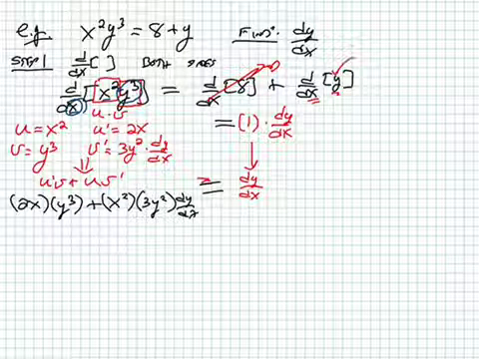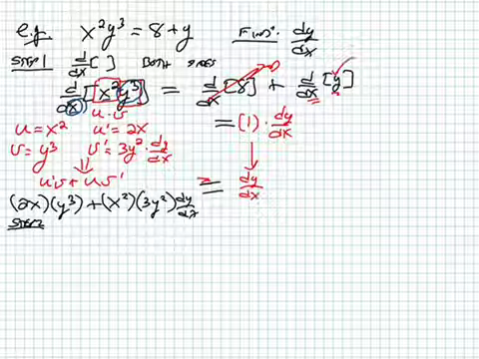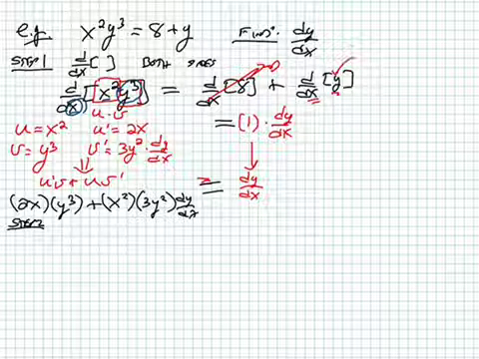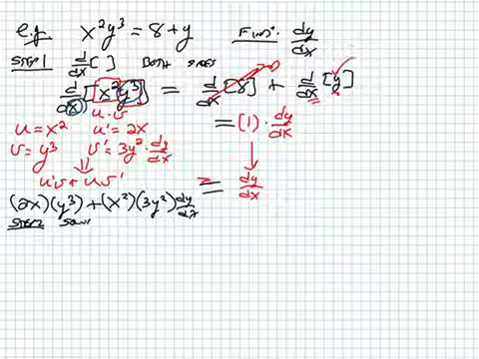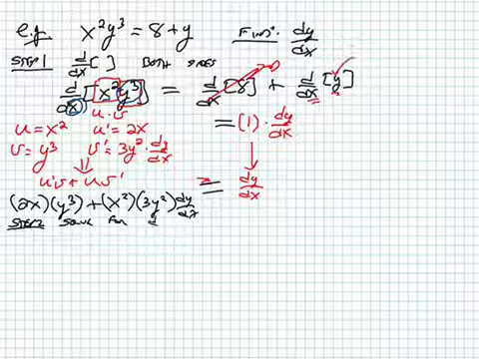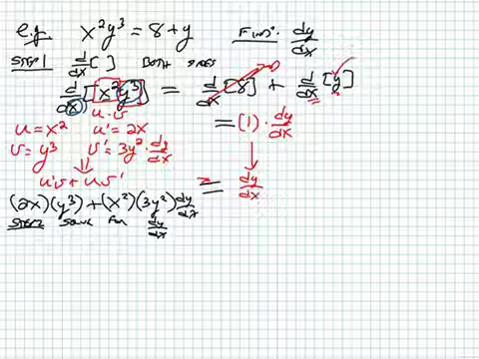Okay, so let's see, what was step 2 again? Step 1 from before is take d/dx of both sides, and then step 2 is really to isolate or solve for dy/dx. So what you want to do is, I'm going to multiply out up here.